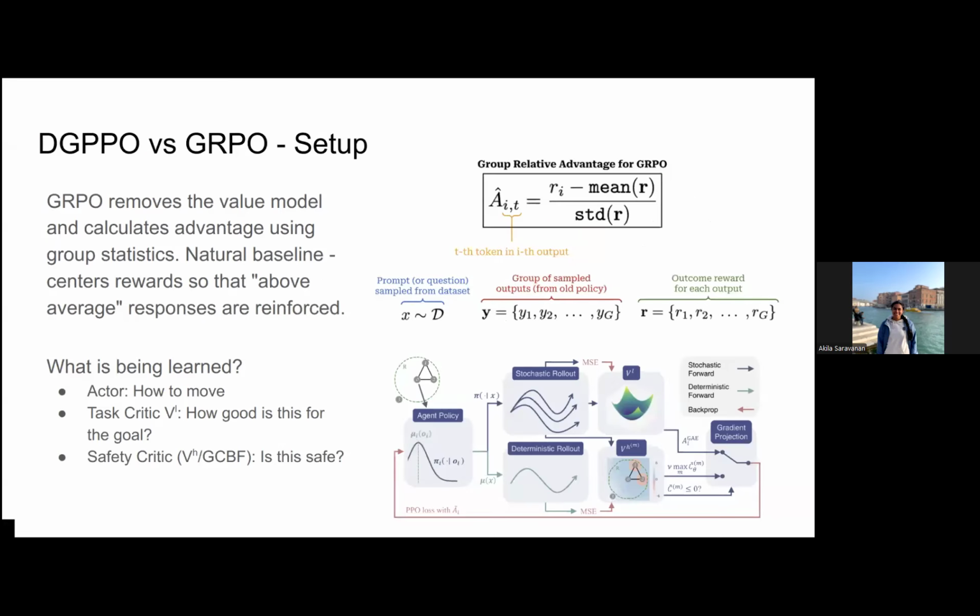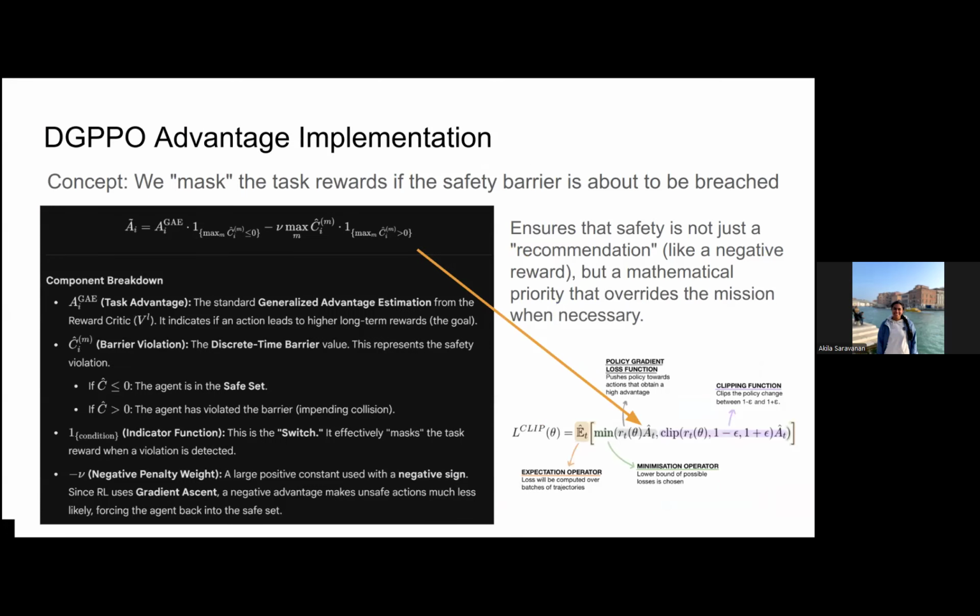So here we had GRPO's advantage function, and here we have DGPPO's version. I think someone asked the question last time: how do you actually enforce that you're not going to abide by your safety constraint? That comes in with some sort of binary decision variable.